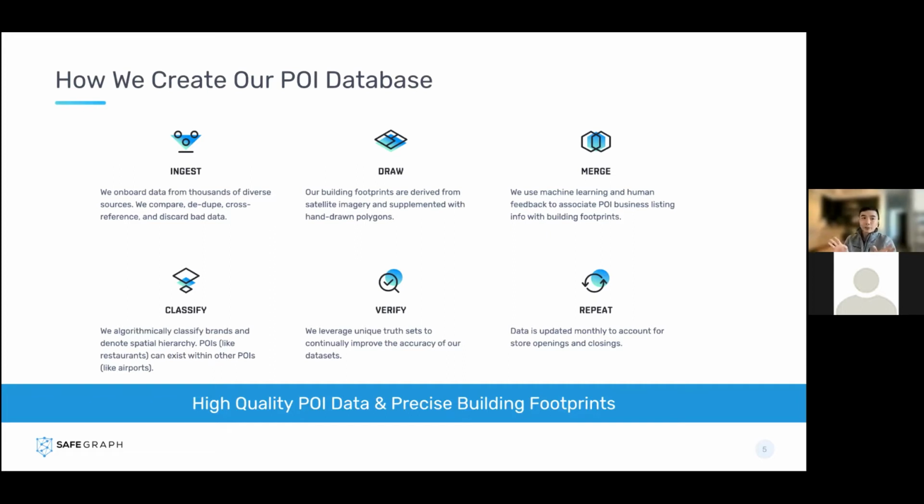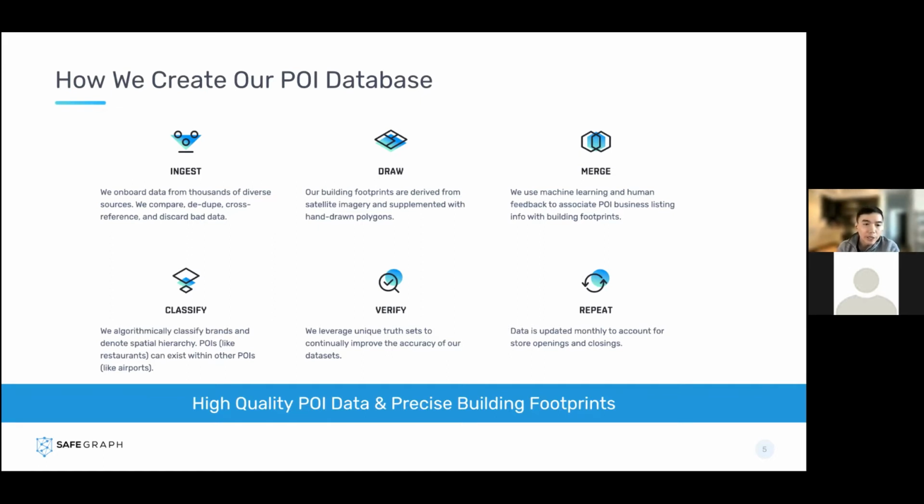So bringing in these different points of interest, like a Starbucks at 123 Main Street may exist in several different types of listings, from different types of suppliers. And then we have to work on deduplicating that data, cross-referencing it, and discarding bad data. Because we focus on selling our data to data scientists primarily, we know that bad data really leads to bad inference and bad prediction. And so this type of deduping and cross-referencing is really important to us.